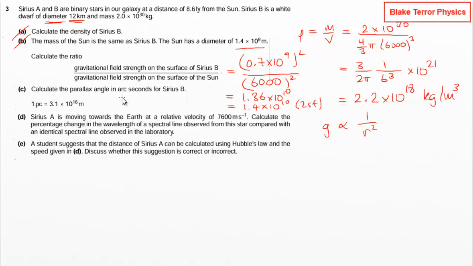Calculate the parallax angle in arc seconds for Sirius B. Right, we've already had a look at some of this, but here we go. 1 parsec is that distance. They haven't given us seconds in a year. Didn't we have that earlier on? I don't know, I'll just type it all into the calculator. It doesn't really matter. So 8.6 light years equals 8.6 times speed of light times 60 times 60 times 24, as in seconds in a year, times 365 and a quarter, 0.25.